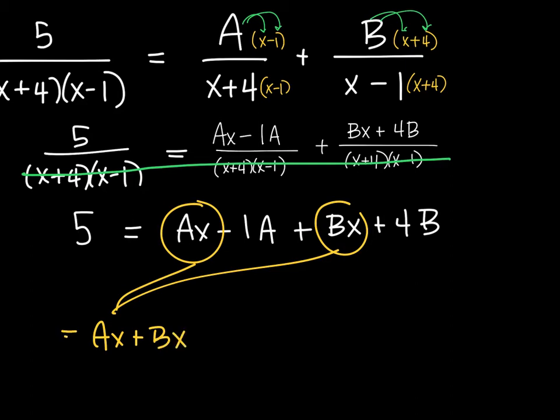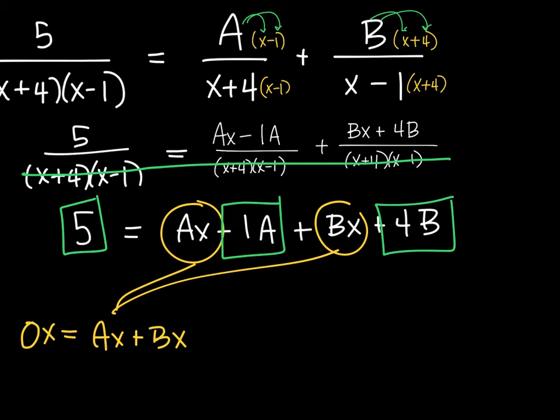But on the other side of the equal sign, what happened? I didn't have anything to circle, did I? So what do we do to hold that spot? 0, but put an x there, because that means there were 0 x's. And everything else, I'll put like a green box around, and they'll become the other equation. So that'll be 5 equals negative 1A plus 4B.